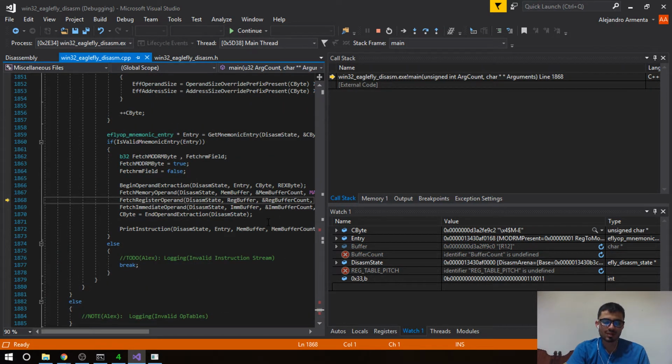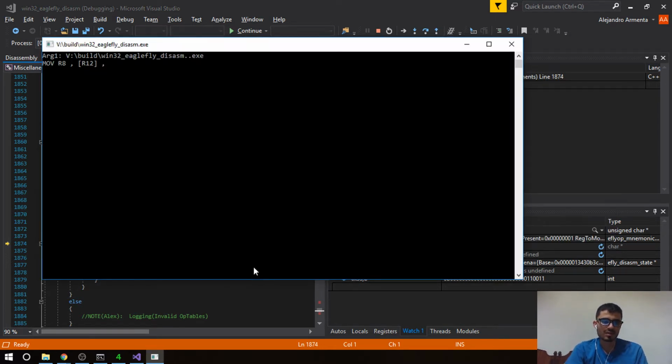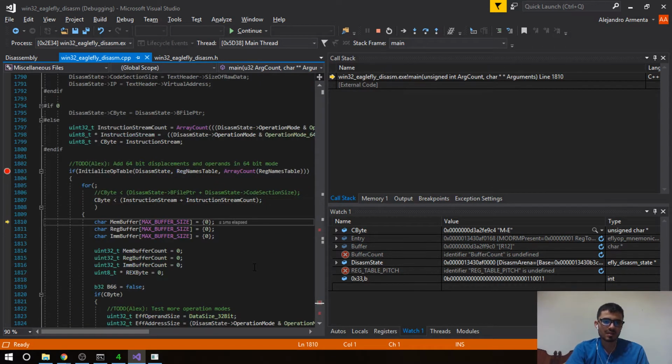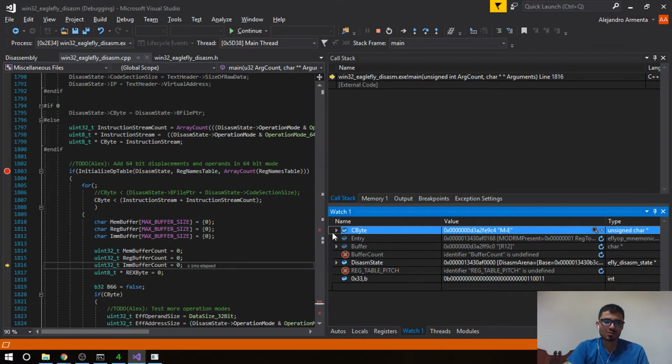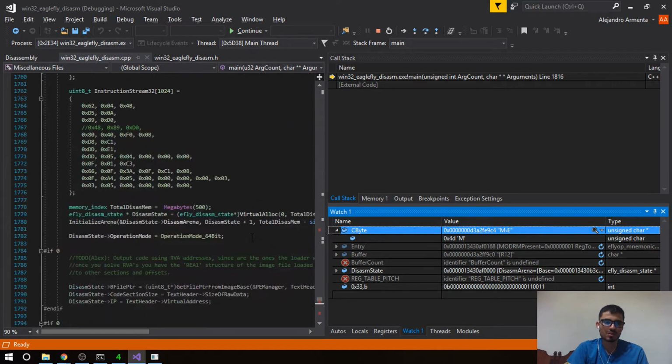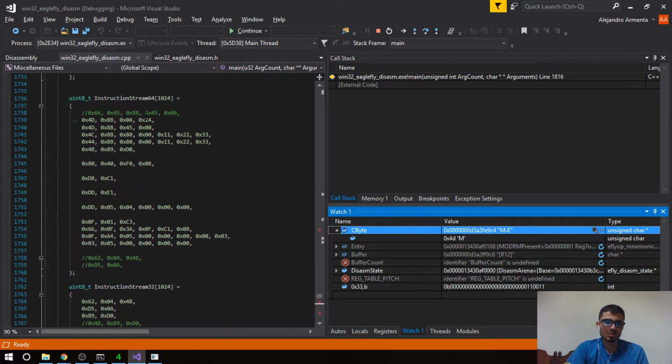Now we go and fetch the register, which should be R8, that's correct, and we put in the instruction move R8 R12. That's it. The pointer by now should be pointing towards 40, which is the next instruction, that's correct.